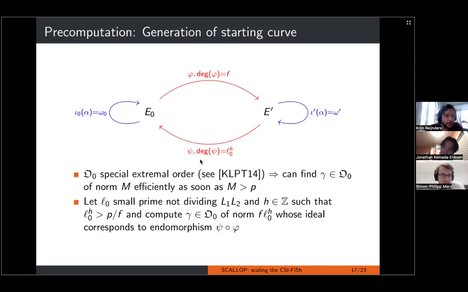Then there's still a question from Bruno in the chat. You might have mentioned already, but is there any reason for requiring the conductor to be prime other than ease of trying to factor it? Might one get some advantage from having a composite conductor if it can be factored? That's a very good question. The conductor does have some security in there. I did mention that if the conductor was, for example, very smooth, then you're in the setting of OSIDH, and even in the original paper it was mentioned that this is not secure with certain additional information.